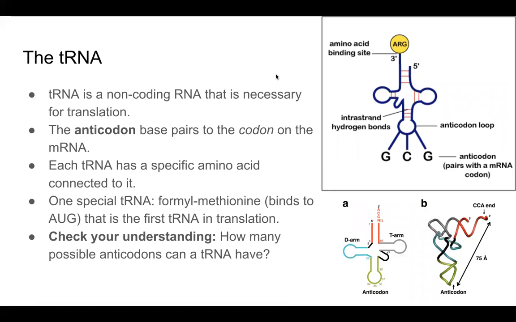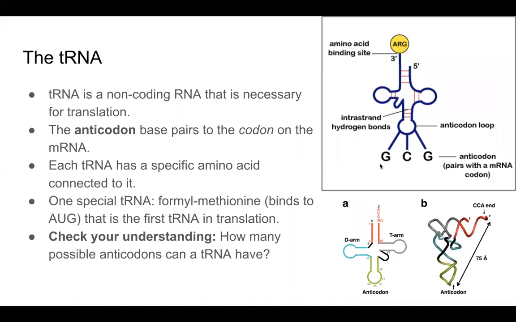Moving on, the next thing involved in translation is the tRNA. The tRNA is a non-coding RNA, so it's not actually used to code for any proteins. mRNA is what codes for proteins. The tRNA is a non-coding RNA that's necessary for translation. It has something called an anticodon, which is these 3 nucleotides right here, these 3 bases.